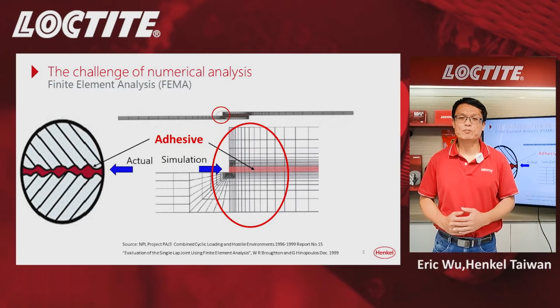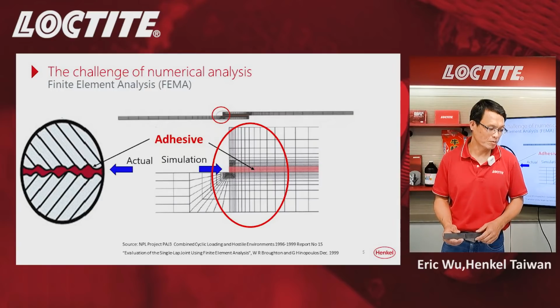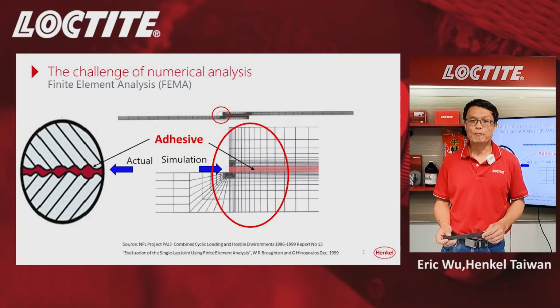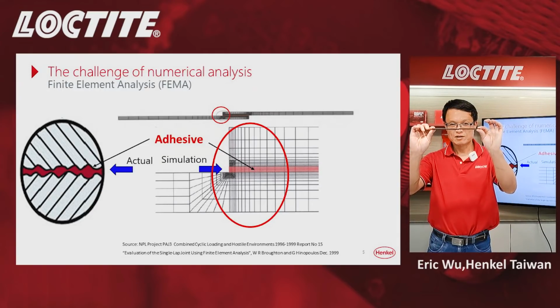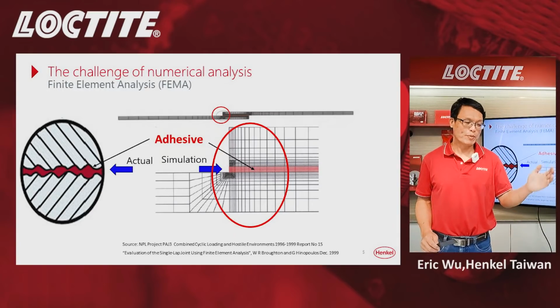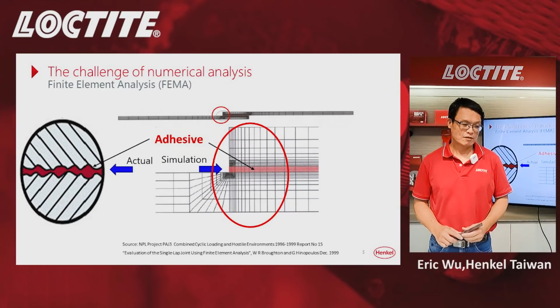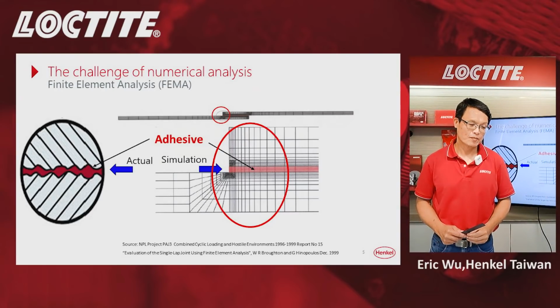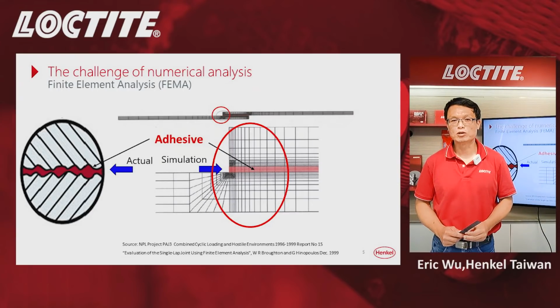This is an example. We found this paper, published a couple of years ago. The research analyzed things like this one. Going back to the slide, you can see the circle in red on the right-hand side of this slide. It is a numerical, mathematical model they used to calculate the strength of the structure bonded by adhesive.